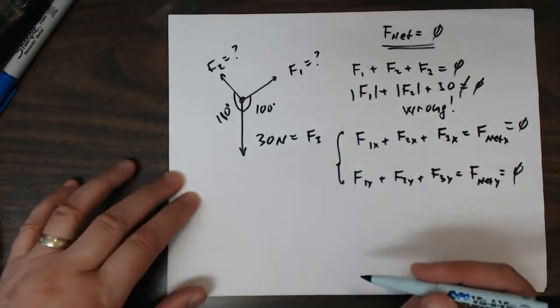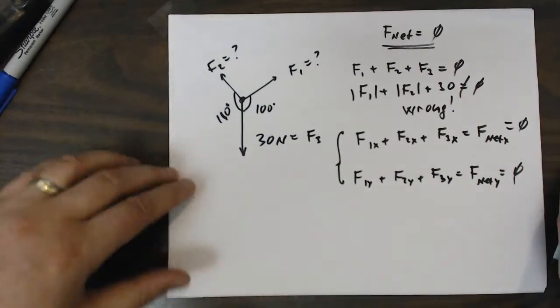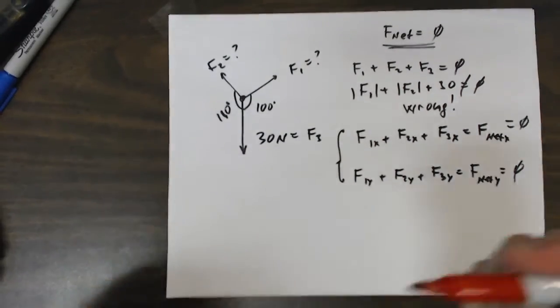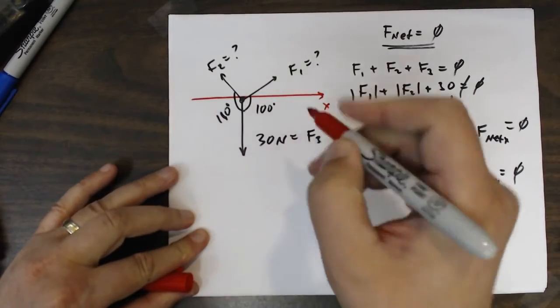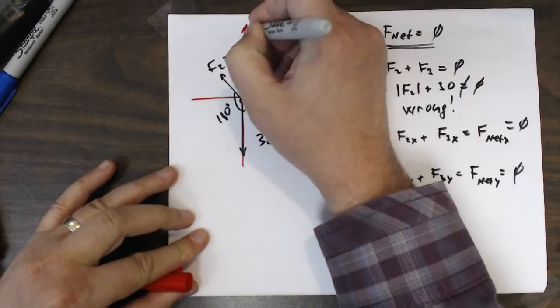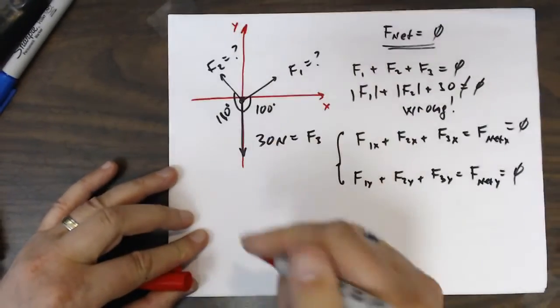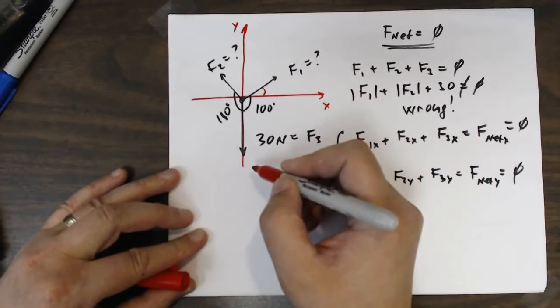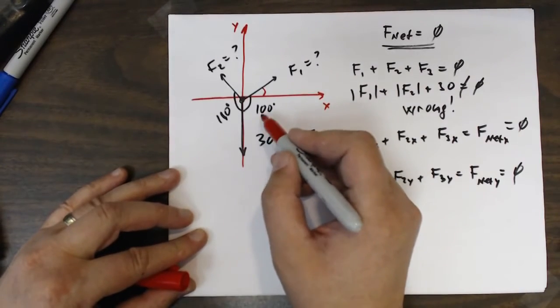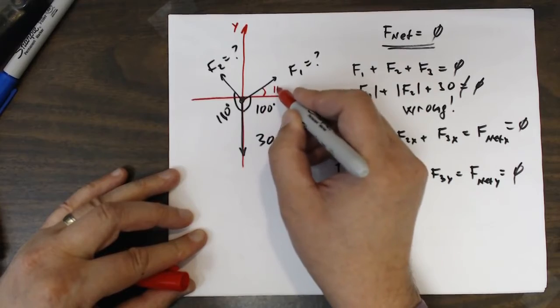Well, we know from the previous experience we're going to use some angles. So let's see those angles. First we have to draw two axes. The x-axis, the y-axis. Again, this angle will be equal to 100 minus 90, 10 degrees.